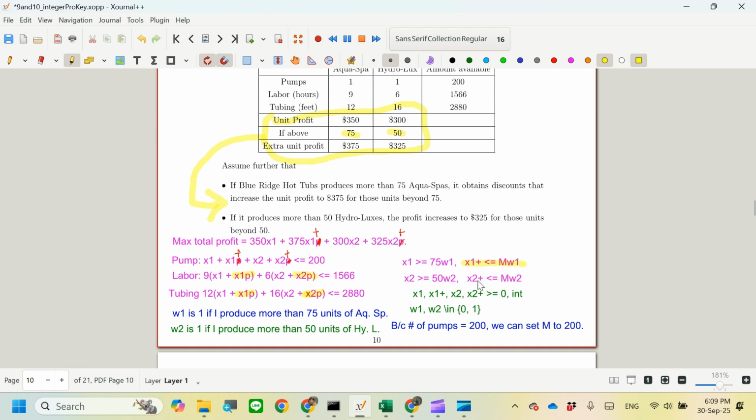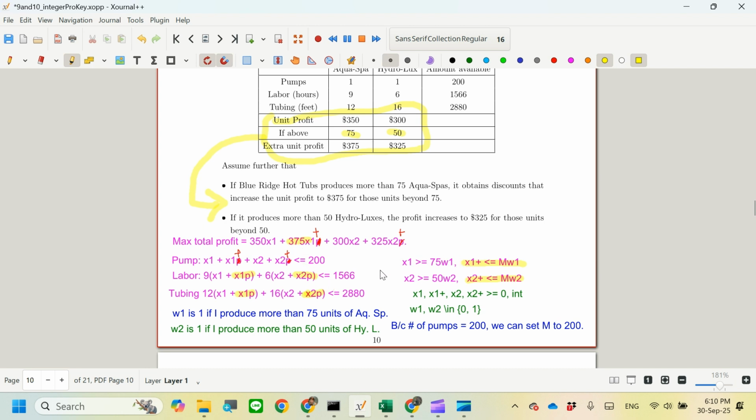It's easier to understand. So if we produce more than 75, W1 is 1, then X1 plus can be positive and also X2 plus. And so if W1 is 1, X1 is at most 75 because X1 plus has a higher profit.